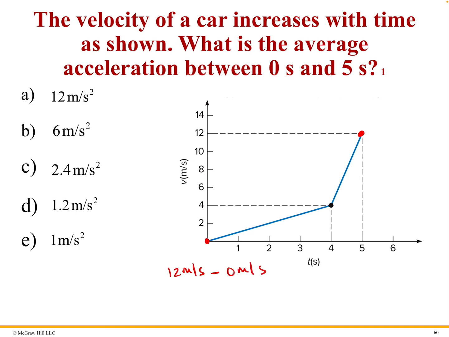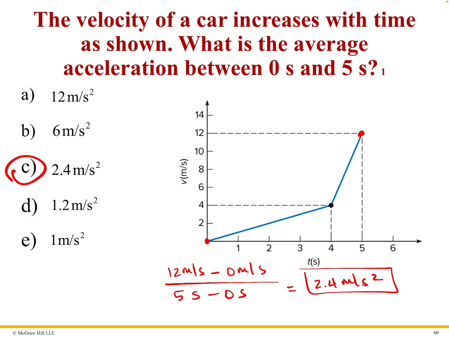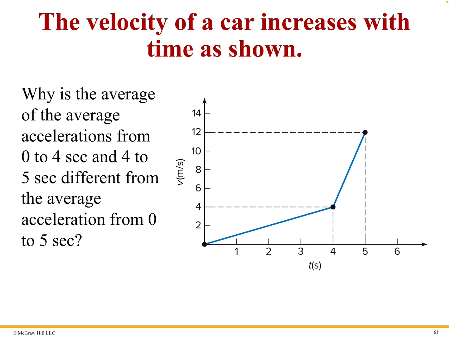Your initial velocity was 0. 5 seconds minus 0 seconds. So 12 divided by 5 is 2.4 meters per second squared. So that was like doing this between 0 and 5 seconds. Okay?